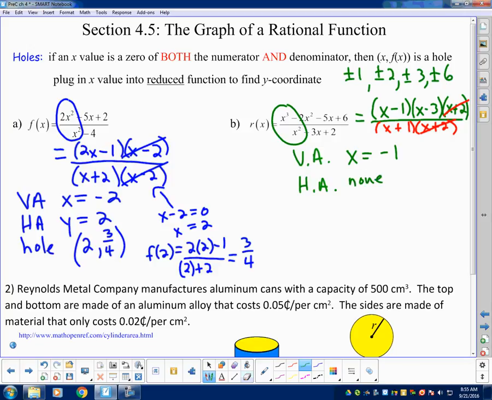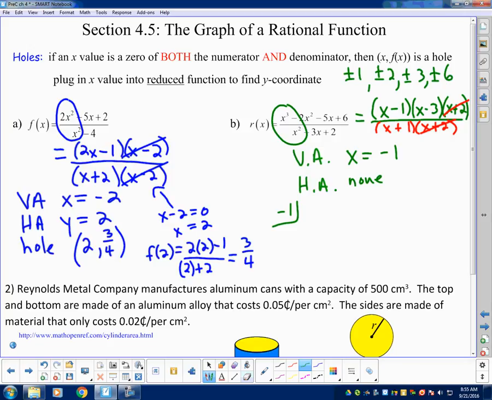So no horizontal. Could I have an oblique? Yes. Let's find the oblique. Well, the oblique occurs when the top is just one more than the bottom. So we've already done some division here. Do you see that? Canceling is division. So I can take negative 1 and divide it into whatever I get when I multiply these two out.